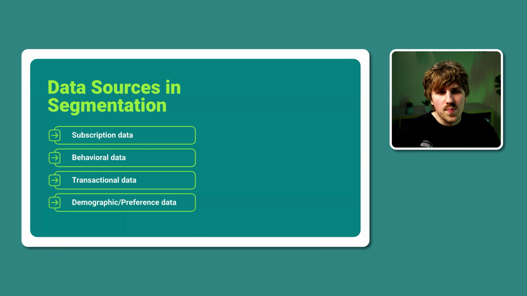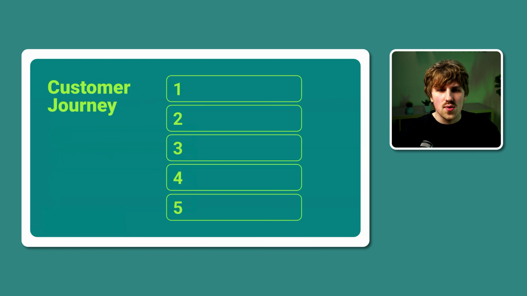And demographic preference data, which would be the state, country, or wherever you're living. Also custom properties that you can think of that you are collecting through the subscription form or sending to Omnisend through API. So these are the ones that you can use to lead the customer through the journey. So first will be subscribe to marketing.